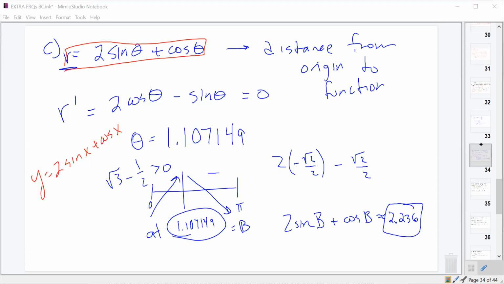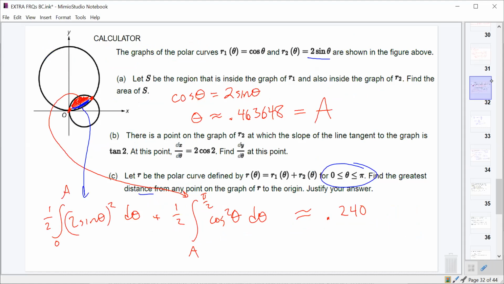And then let's see. Somebody's asking here, the two integrals in part A represent the area bounded by the two curves and theta equals 0.463. Well, not quite. They represent the fact that these two curves intersect at 0.463.